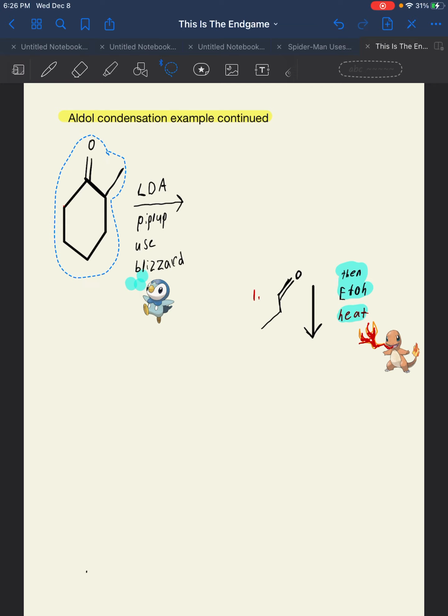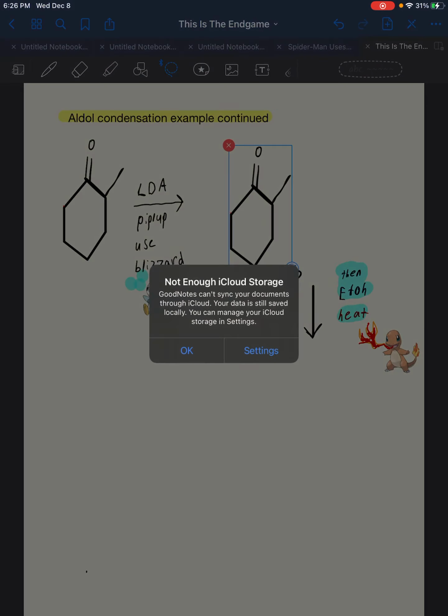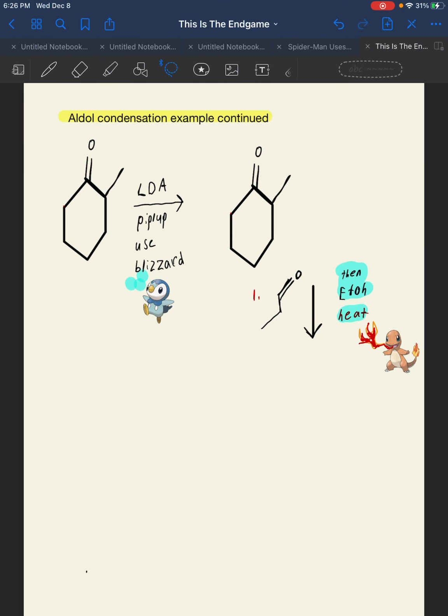Actually, see this? Thank you, Piplup, for your assistance. We don't form the enolate in this position right here because that would be the thermodynamic position. And since it is LDA, we want to form the kinetic position, which is highlighted in the yellow-blue region.